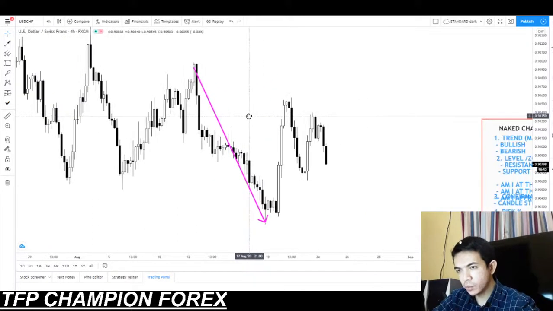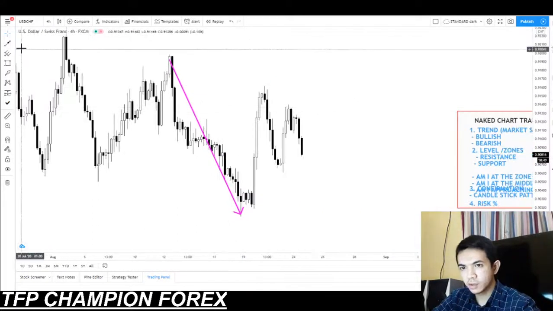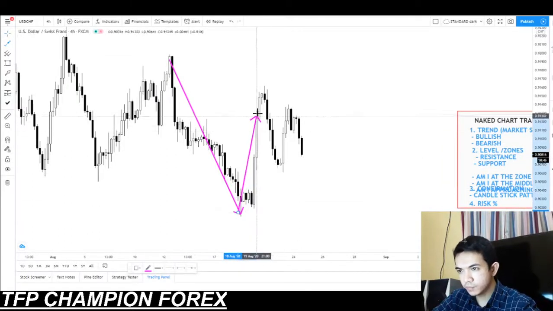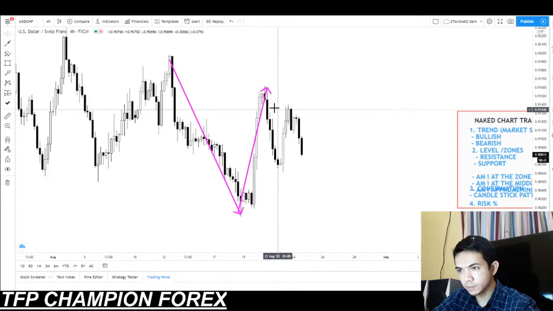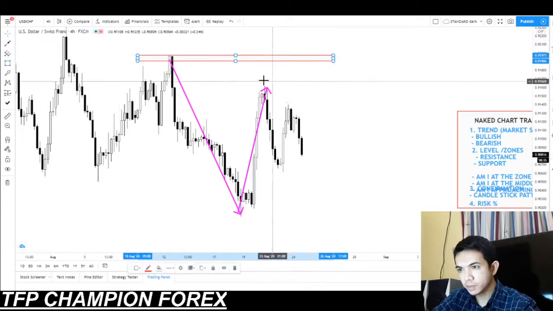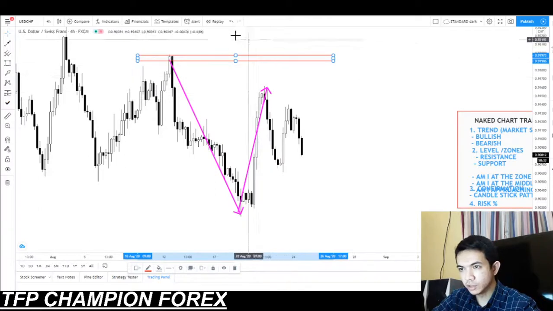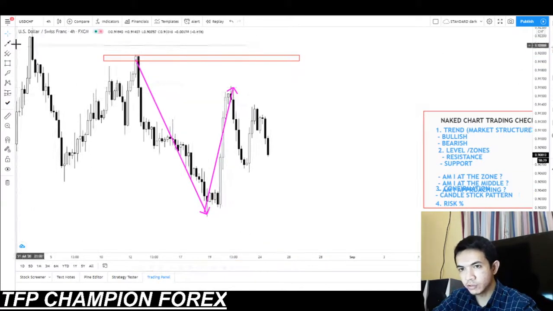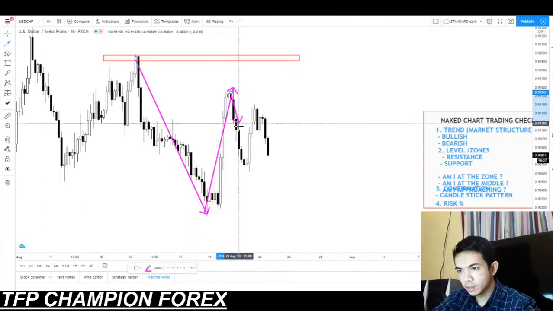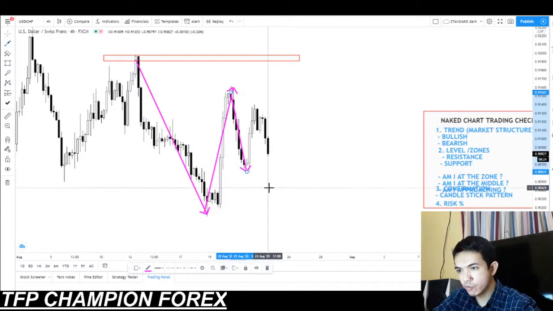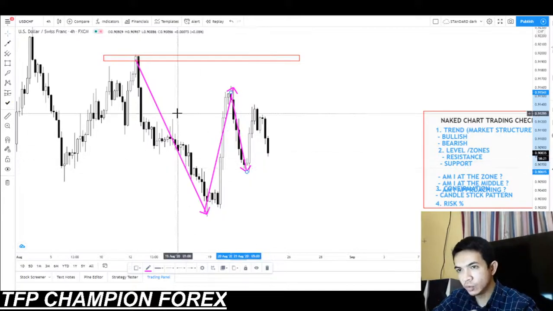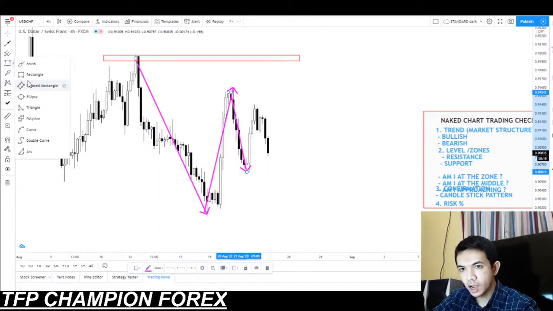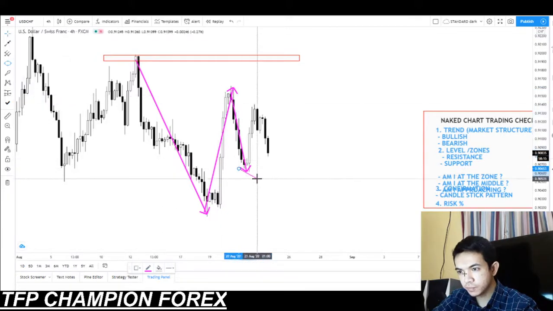So after that, what did the price do? The price moved, forming a lower high, meaning a level lower than your previous high, right? And then after that, the market formed a higher low, meaning a low higher than your previous low.